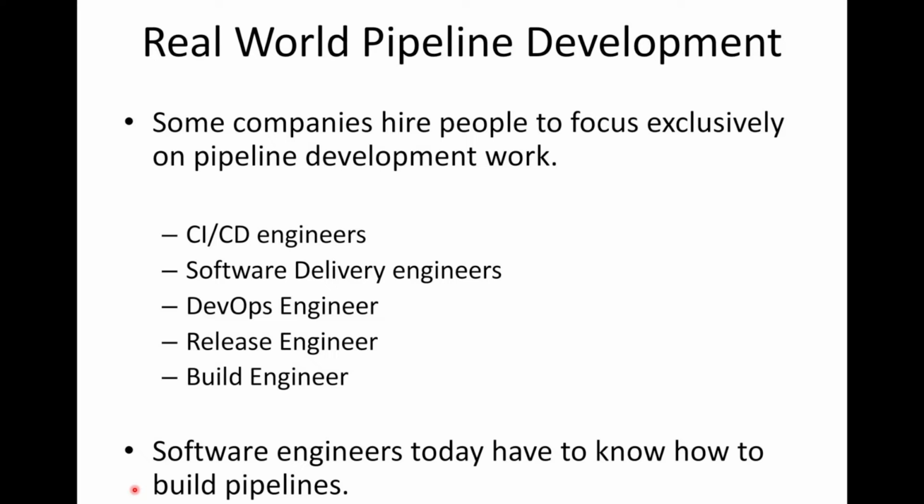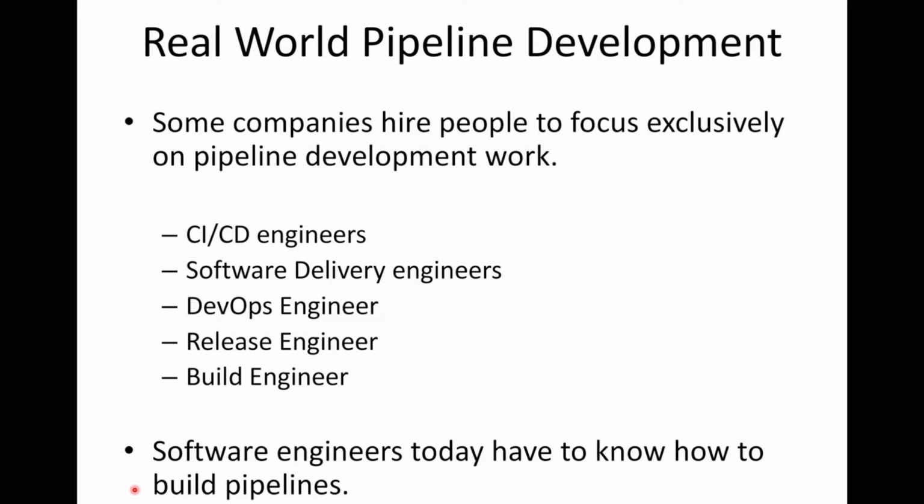Everybody is responsible. Now, as somebody who works in an operations team and in a DevOps culture, I probably spend most weeks at least 25 to 30% of my time working inside a CI/CD system, working on pipelines.